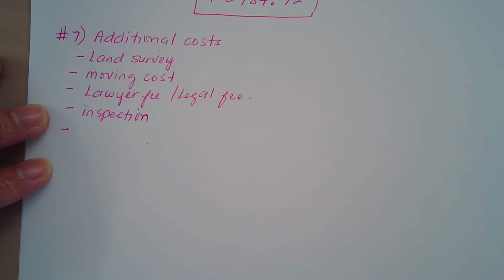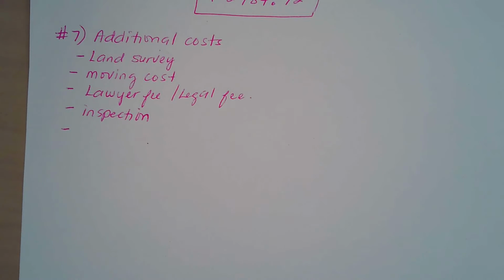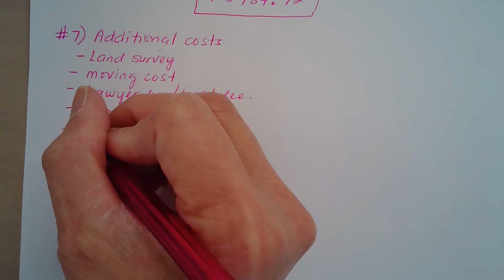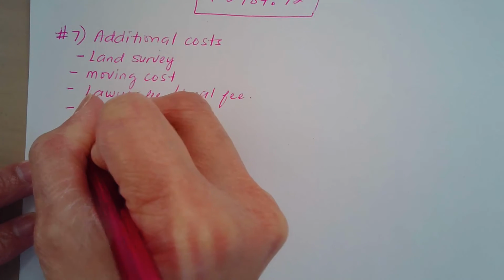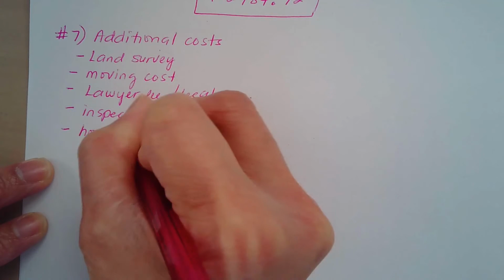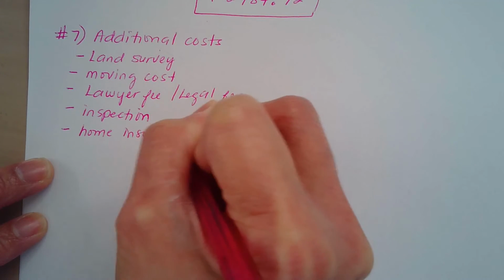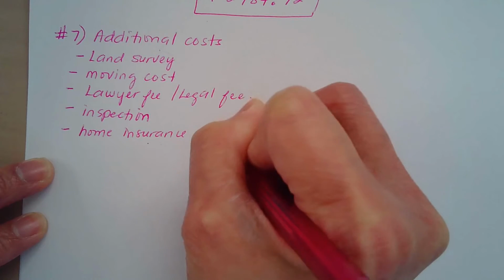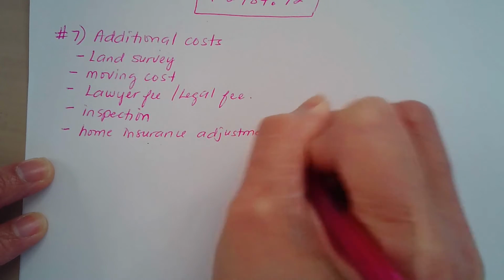Home insurance. Home insurance is not considered additional. It's a must. You have to have it. Okay, but let's come back to that one. Home insurance adjustment, right?